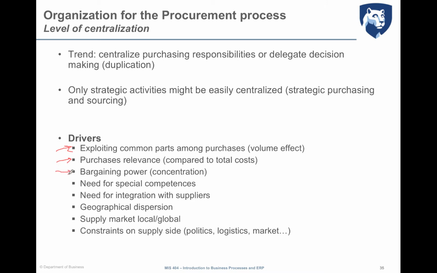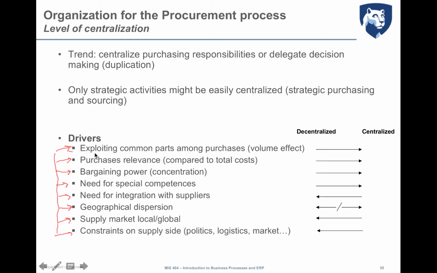How much is the need to gain bargaining power? How much is the need to have special competencies? How much is the need to integrate with suppliers? How geographically dispersed is the company? Do I need a supply market which is local or global? Are there constraints on the supply side, like politics, logistics constraints, market constraints, and so on? These are the main drivers that need to be analyzed, and here is the trend.